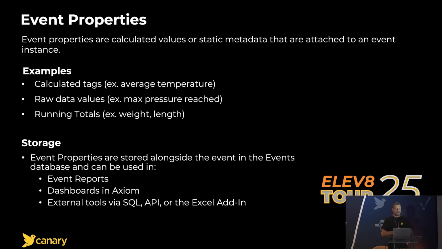All right, so event properties. We've had calc properties for quite some time that you could build out when you define these events. We've expanded on that even more. Lots of times if you go into an alarm condition or an event condition, people want to see what was my maximum pressure over the event duration, or what was my average temperature over that time, or maybe running totals like how much did we produce, what length of roll did we produce.